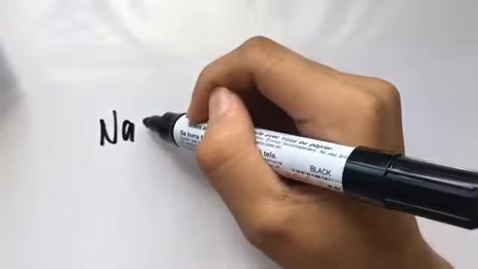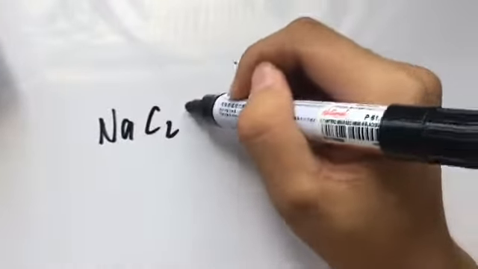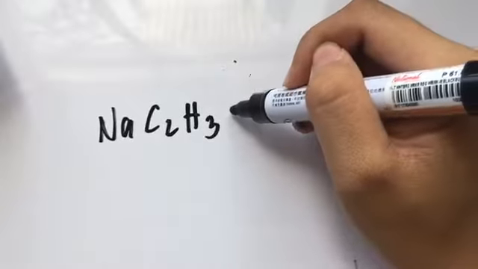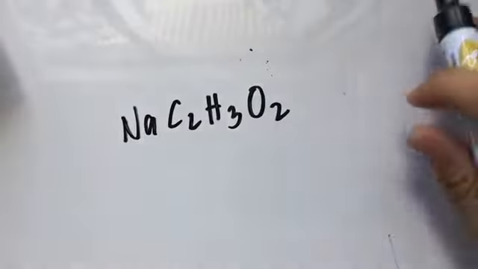Yan. That is the first salt in our experiment. So the second salt in the experiment is we have here sodium acetate, NaC2H3O2. So this is sodium acetate.